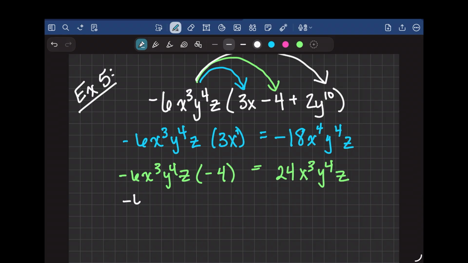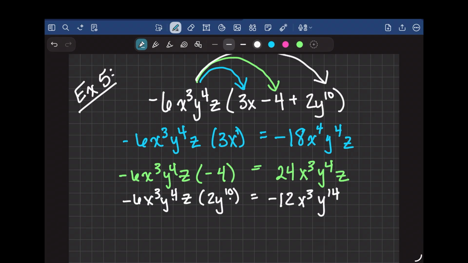So we're going to have negative 6x cubed y to the power of 4z times 2y to the power of 10. 2 times negative 6 is a negative 12. We don't have any x's to combine, so we have x to the power of 3. Y's we do. We have 4 and 10, which is going to give us 14 y's, and then we have z.